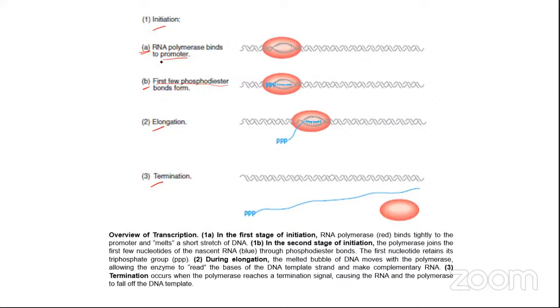That means, like the promoter, it's not exactly the same sequence, but like the promoter, it is also a sequence of DNA nucleotides, referred to as the termination site, where RNA polymerase leaves the DNA as well as releases the newly synthesized messenger RNA molecule. So, is there any doubt in this entire process? This is the overview of the transcription reaction.